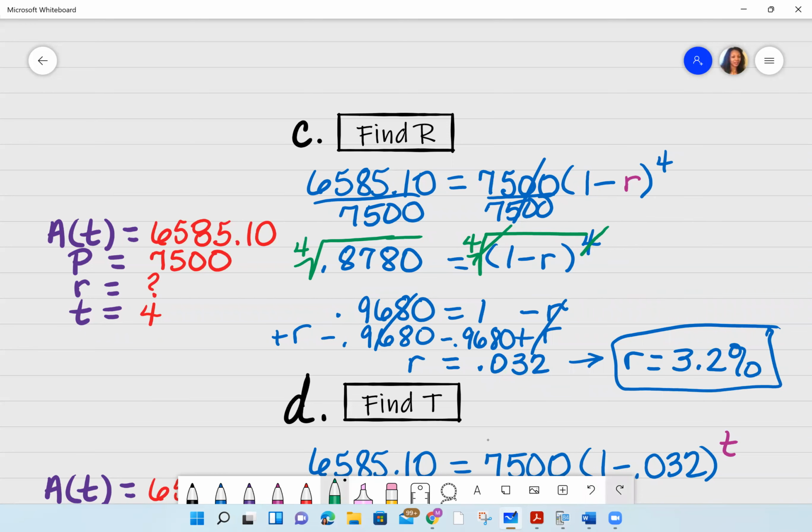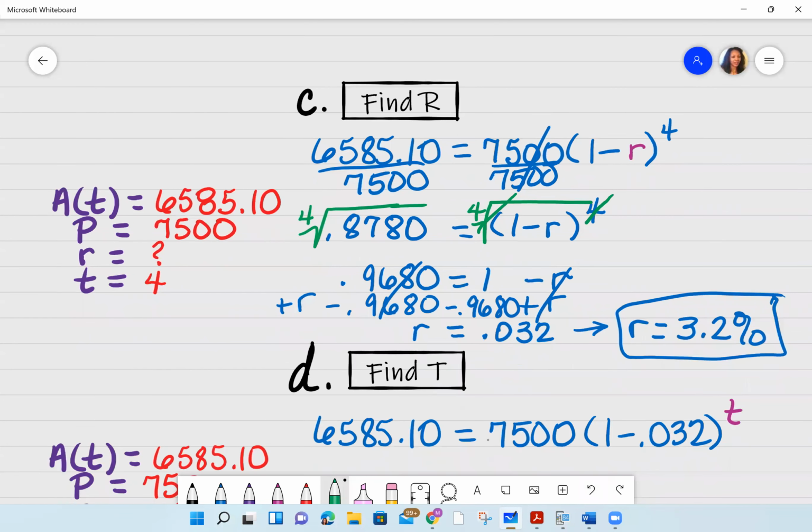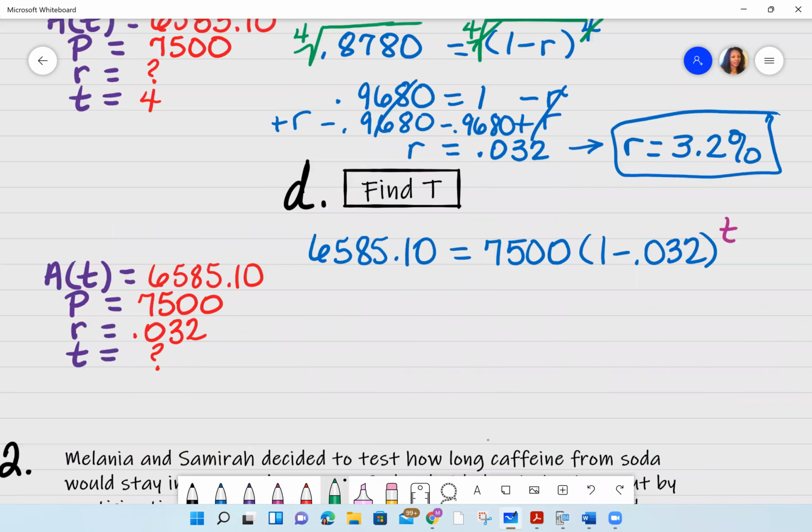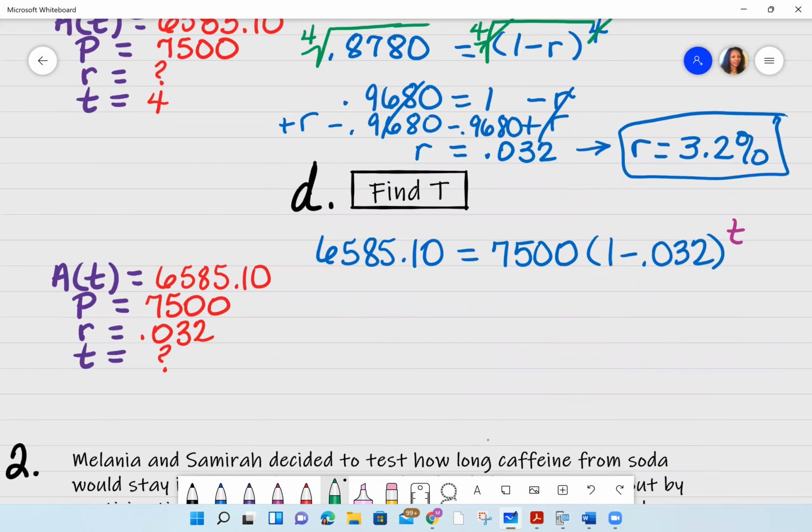So now let's go to D, which is where we're finding T. Okay, we already have it set up. The only thing we need to do now is go ahead and get rid of what's stopping the exponent from being by itself, which is this 7,500 again. We've already put this in a calculator before, so we're going to end up with that same answer, 0.8780.